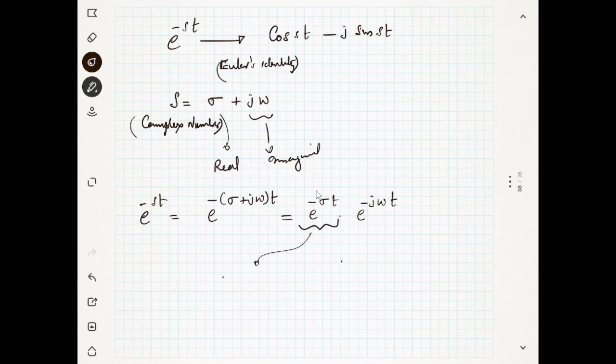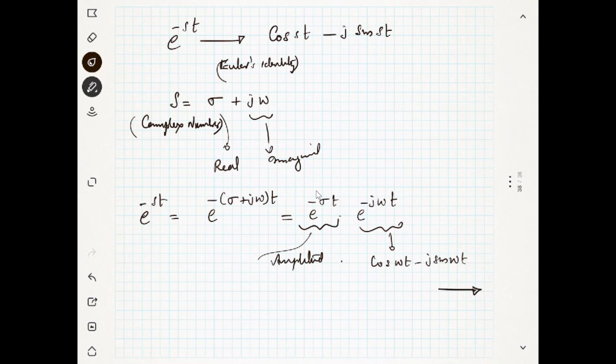You can see this is an attenuation factor, or the amplitude. And the other part is cosine omega t minus j sine omega t. It contains two things which are acting perpendicular.